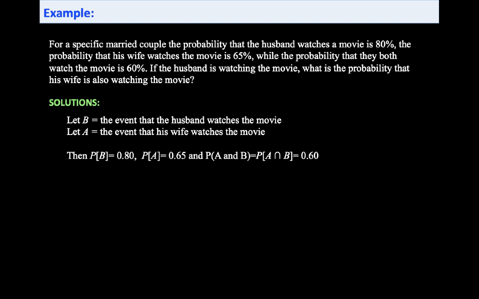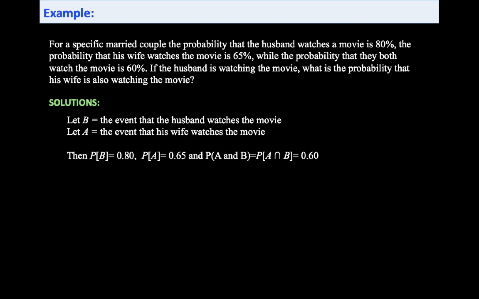If the husband is watching the movie, and now we already know the husband is watching a movie, right? So therefore, that is the condition. We already know that.